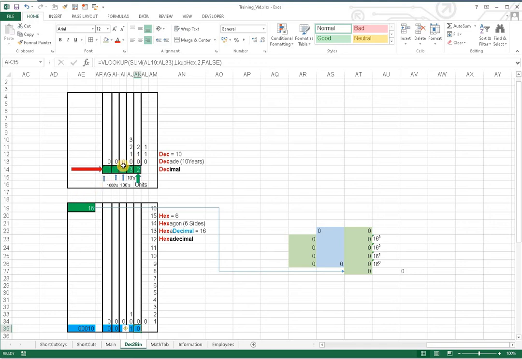So please note that the green is decimal. I have converted the blue hexadecimal 10 into decimal 16. 10 stands for 16. If I add another 1 unit into the second character, in this case not the 10s but the 16s, I have filled this box twice, which means I've now got 32.